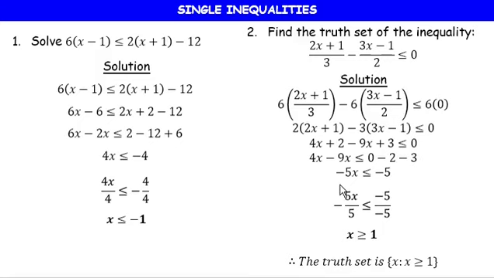Alright, so since we want to find the value of x, let's divide through by the coefficient, which is what? Which is negative 5. Right? The coefficient is negative 5. So you're supposed to divide this negative 5x by negative 5. Oh, sorry, I'm supposed to attach negative to this 5, right?